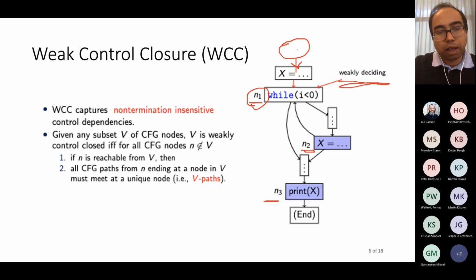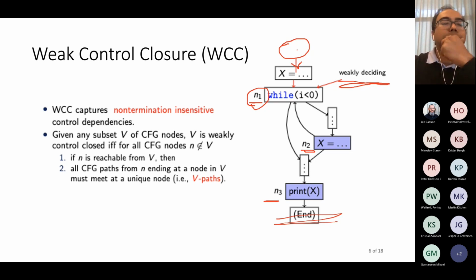So that's the idea. This definition is very general, because for example, we do not need any notion of an n node here. Even if the control flow graph does not have any n node, it will work.